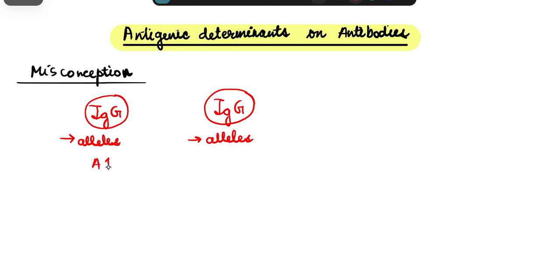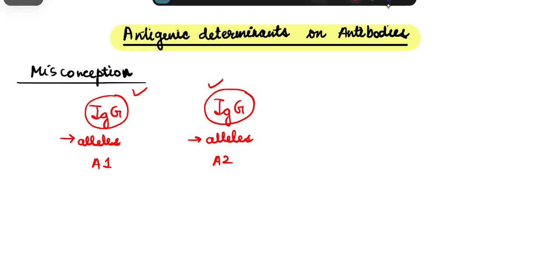Suppose here we have allele 1 and here I have allele 2. Both of them are still IgG, but now both of them are different. Although they are the isotypes of each other, they are not the allotypes of each other.